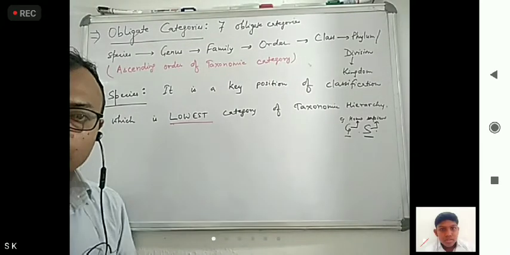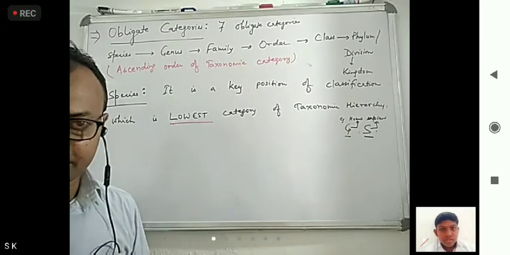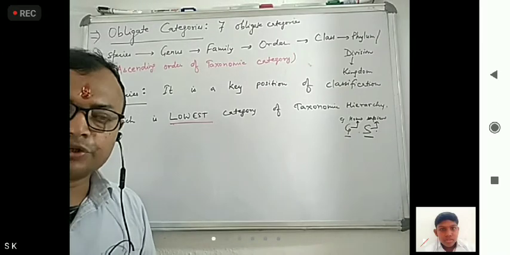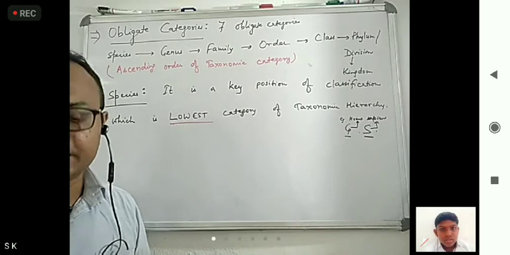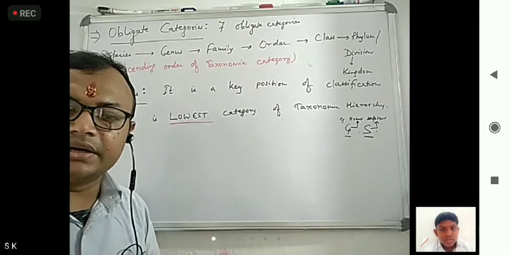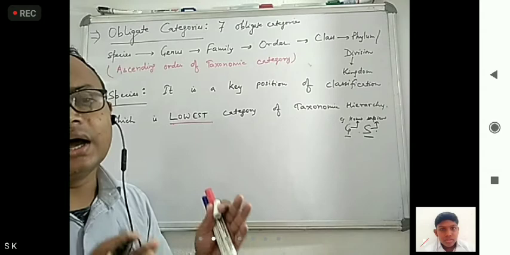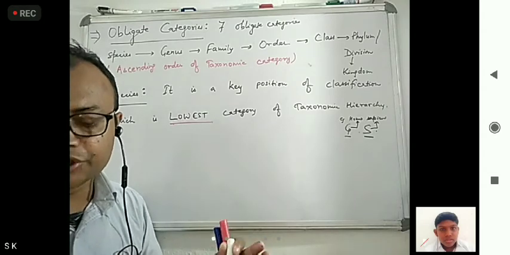Now here definitions are there. A species is a genetically distinct and reproductively isolated natural population.